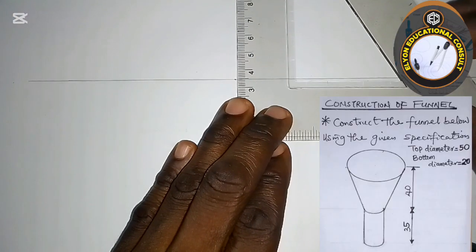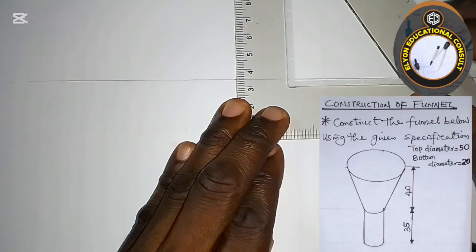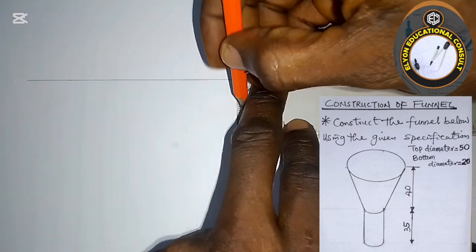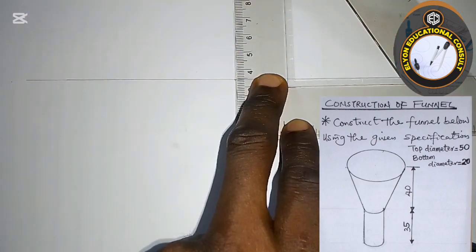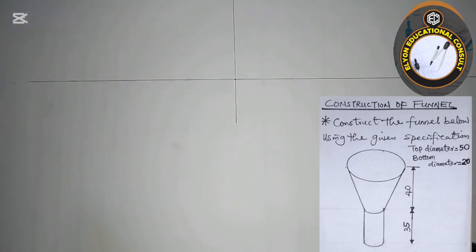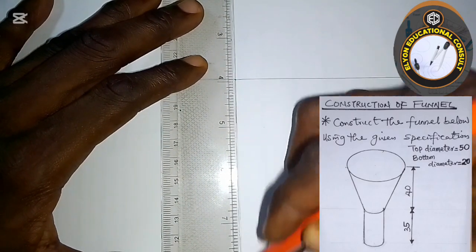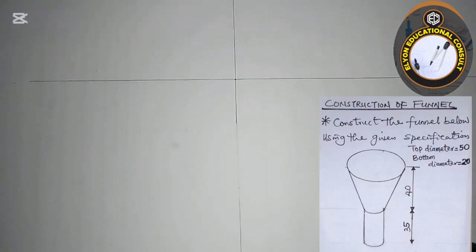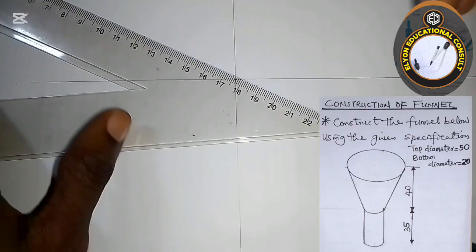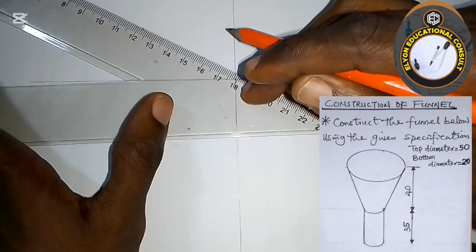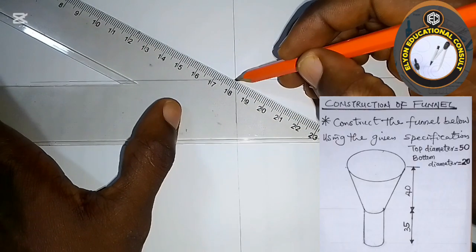So from here now pick a point on this line, any point of my choice. Then I'm going to draw a perpendicular line this way. Then let me drop the line further because we will need the line later. So you drop it this way. Then I will draw the isometric axis from this point here.